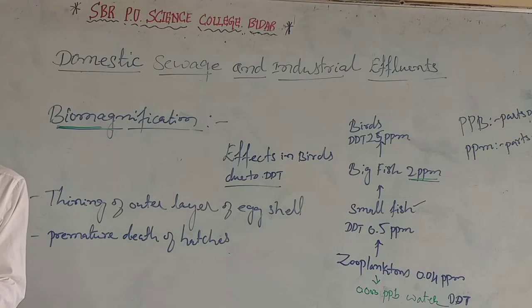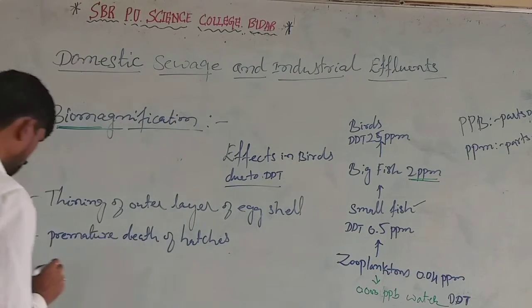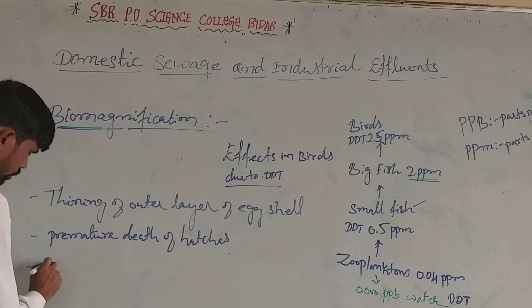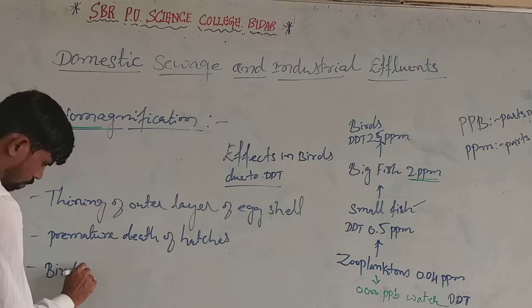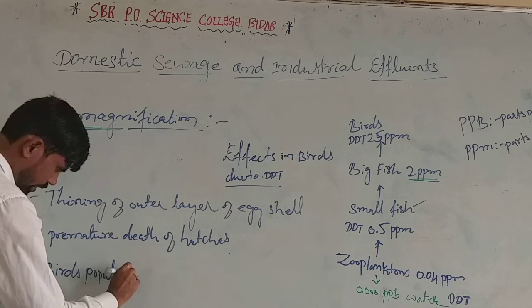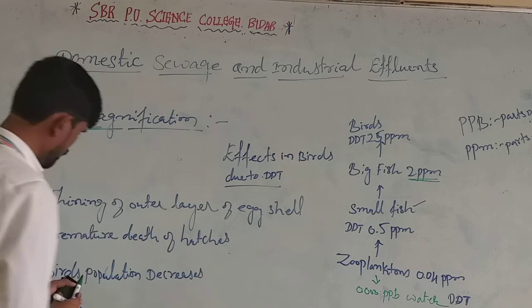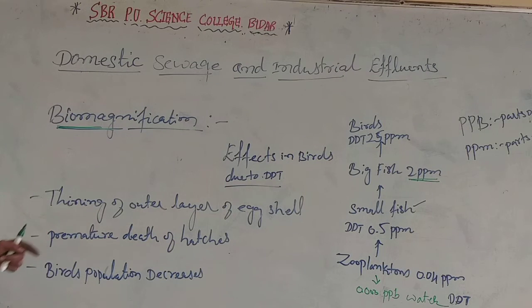The bird hatchlings, the small ones, die prematurely, so the bird population decreases. So these are the major effects produced in the birds: thinning of the outer layer of the eggshell, premature death of hatchlings, and decrease in bird population.